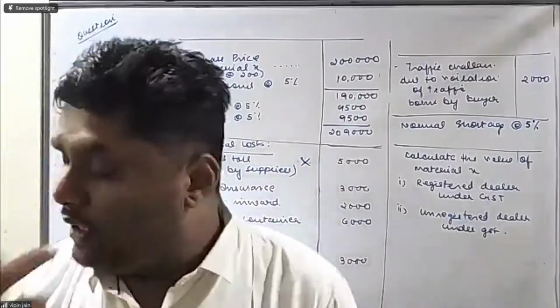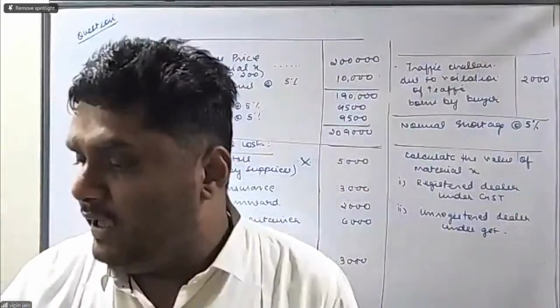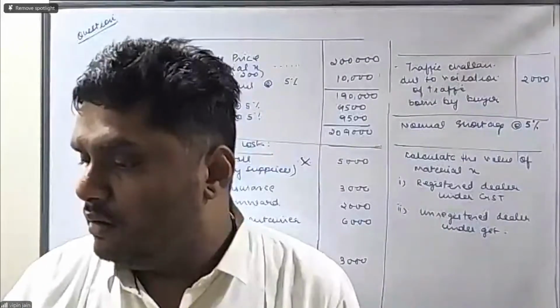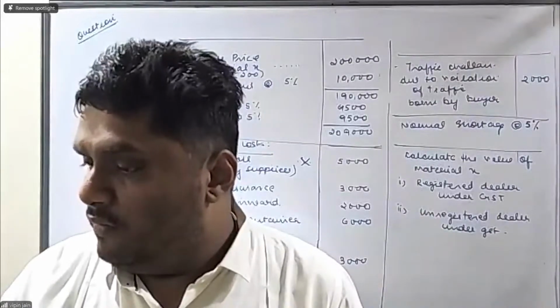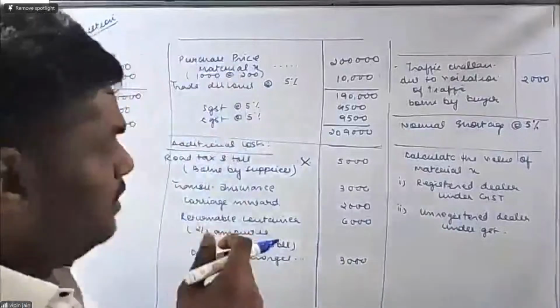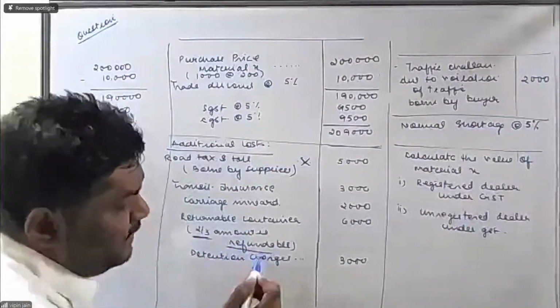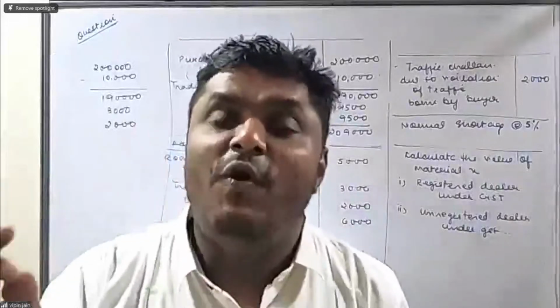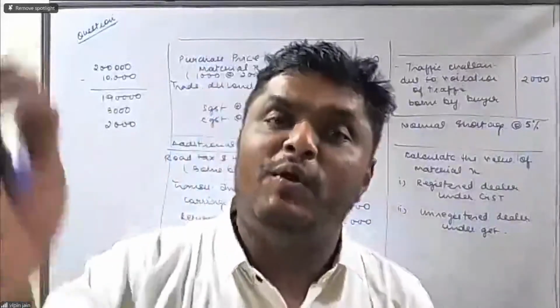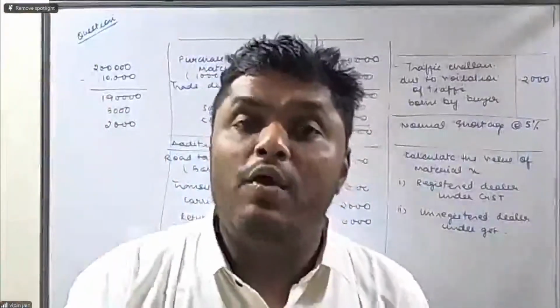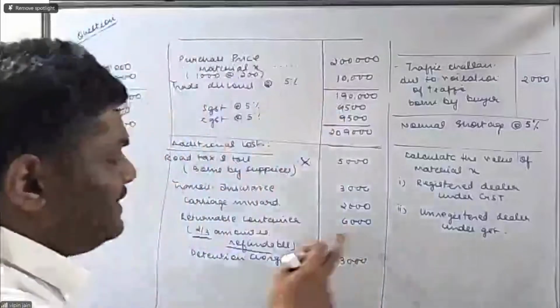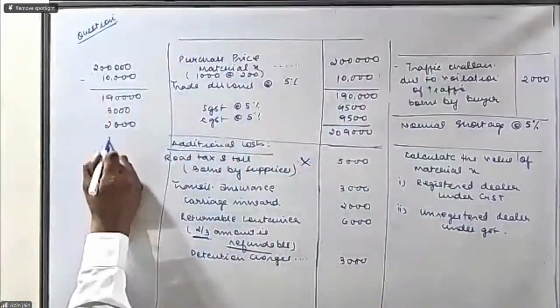So how much will be the cost of returnable container? 2/3 amount is refundable. It means 1/3 will form part of our cost. 2/3 we will get back. So our cost will be 1/3. So 6,000 divided by 3. So 2,000.